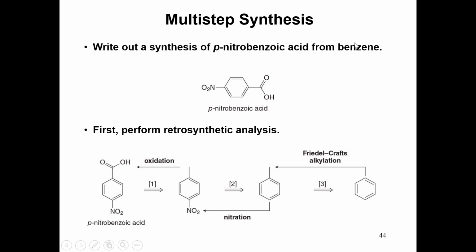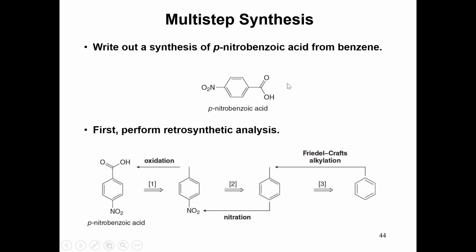Well, if we have benzene, we need a nitro group. We can do an electrophilic substitution reaction to do the nitration. Electrophilic substitution is the reaction we learned in the first lecture.